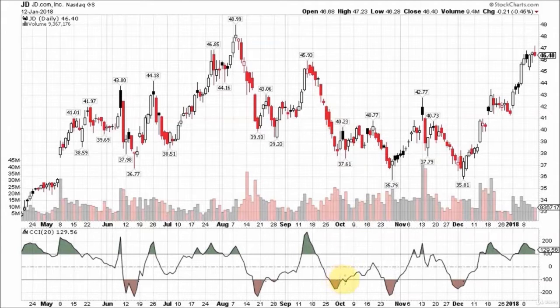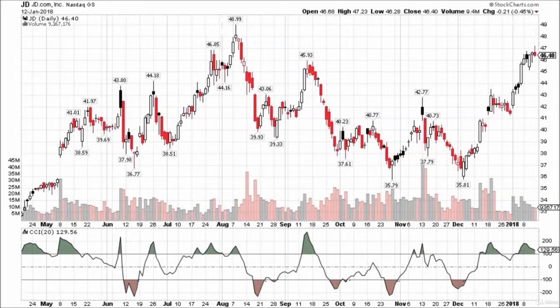On this one, if you had bought right here, the price was $38 and it ran to almost $41. On this buy signal right here, if you had bought at 37, it ran to 42. And the final buy signal also worked, where if you had bought right here in the $37 to $38 range, the price ran to just over $47.